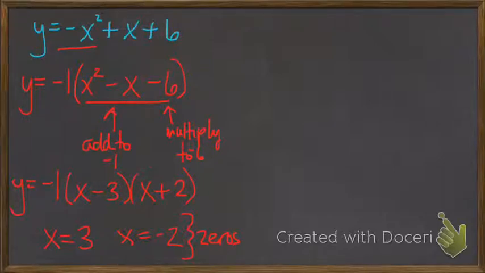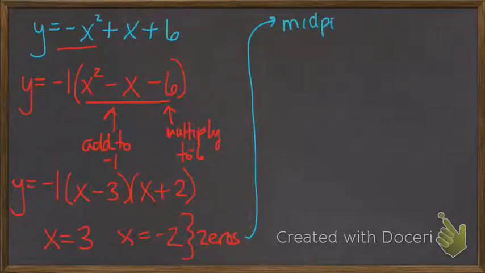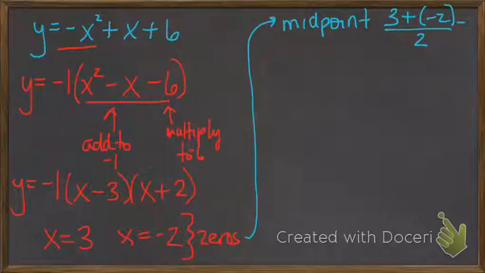I've gotten my zeros, and now what I can do is take the midpoint of those two zeros, simply add those two numbers together, and divide it by 2. And if we do that, we get a half. Now you're going to take a half and you're going to plug it back into the original function.